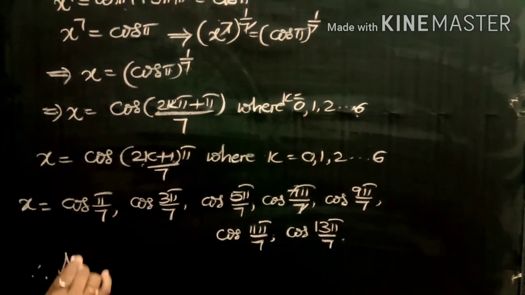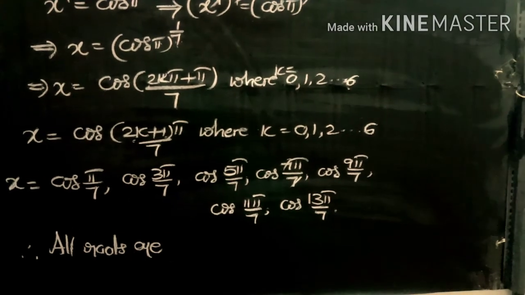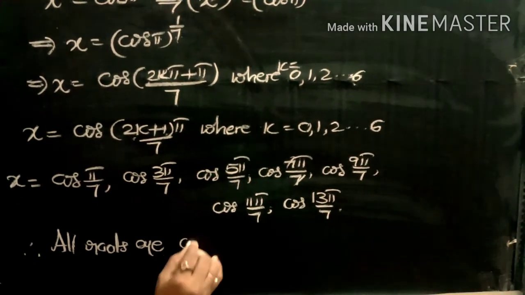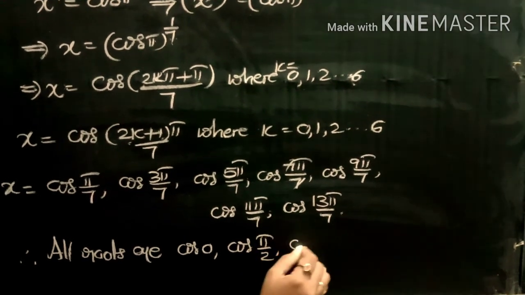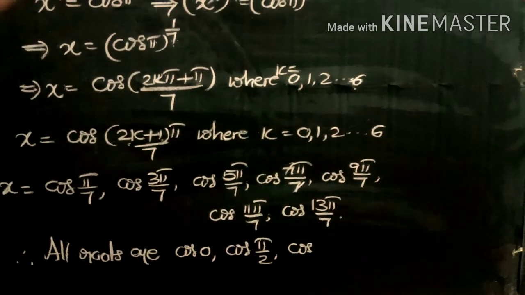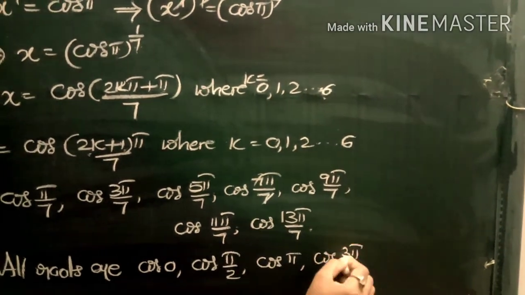Therefore, all roots are, the answers in the first equation are cis 0, cis π by 2, cis π and cis 3π by 2.